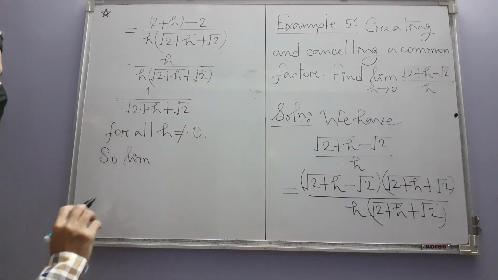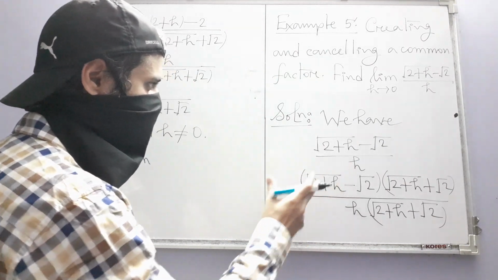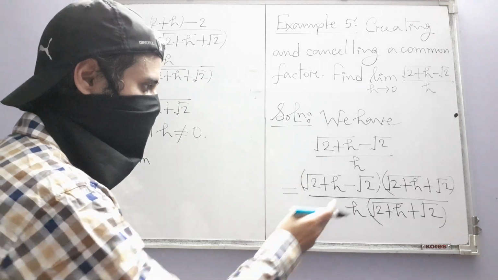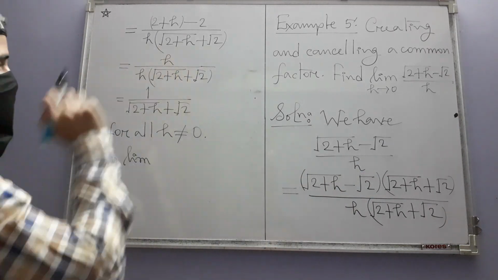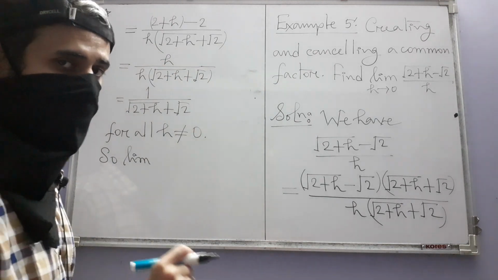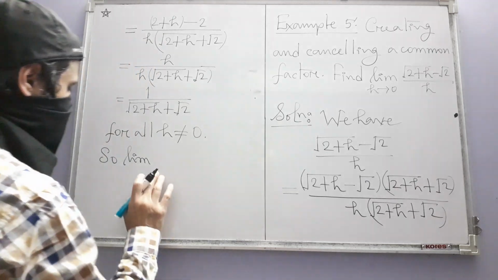So now we have successfully removed h, although at first glance it was not obvious how to do that, but by creating extra things we have managed to create h in the numerator and then cancel it with the h in the denominator.